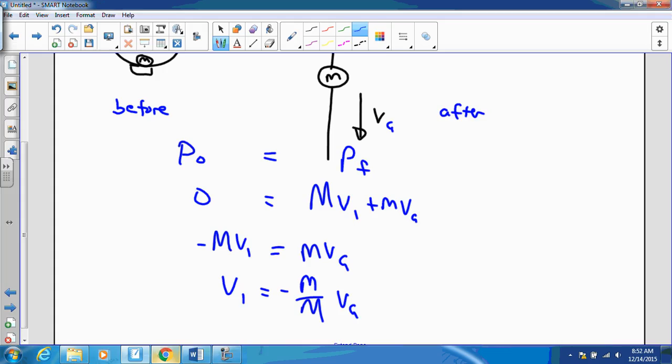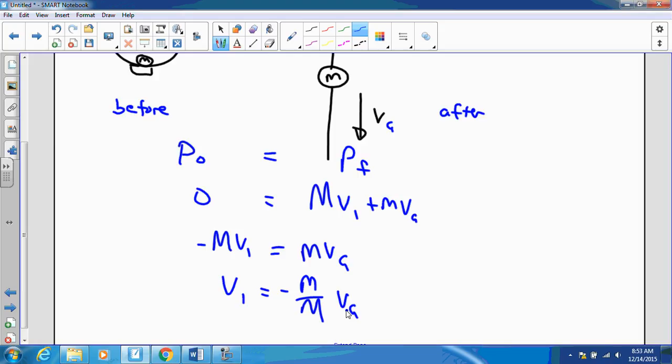So we've got our answer, except that it's in terms of this variable that we don't know what to do with. Okay? Does that make sense? So that was actually a fairly easy problem so far, in as much as it's a simple matter of conservation of momentum. Momentum was 0 before, so momentum has to be 0 after, so we add up and there we go. The only problem is we've got this Vg, and we need to come back and fix it.